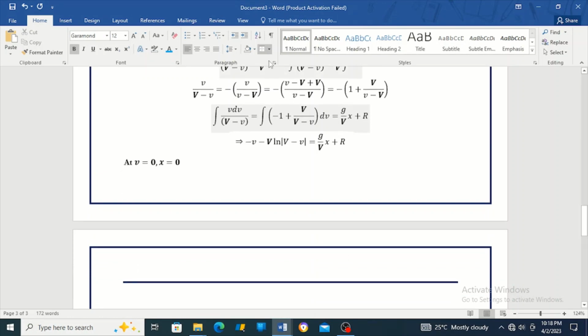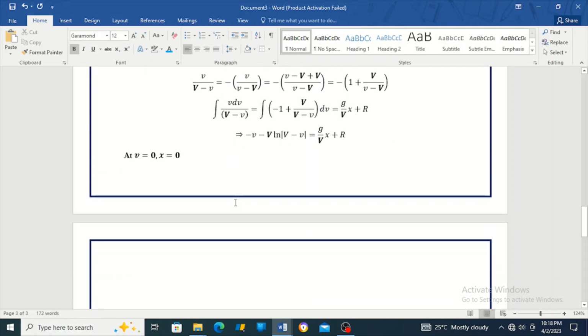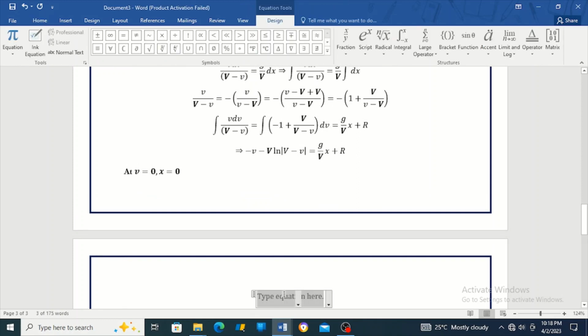So it means that our r will be equal to, our v is 0, so we just have negative v ln V, the ln of capital V as well, to be equal to g divided by v times x.